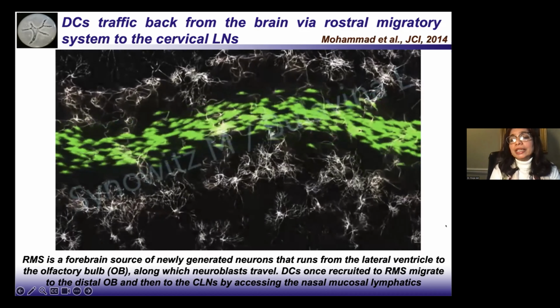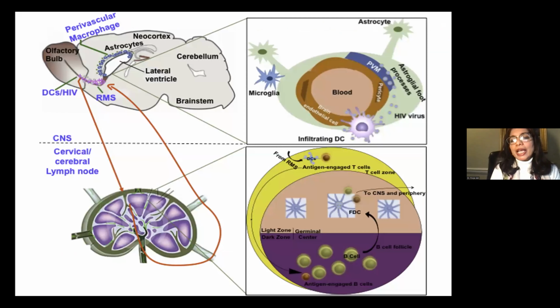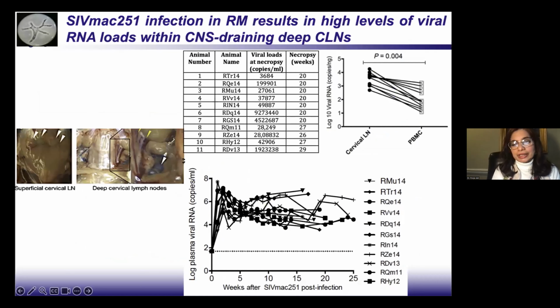So using this information, we were able to standardize a very unique reservoir for HIV. Again, all this data is published, I don't have time. What we showed is that dendritic cells, when they take up HIV virus, can sample the virus in the CNS and bring the virus back through the rostral migratory system, and they protect that virus in the cervical lymph node on follicular dendritic cells.